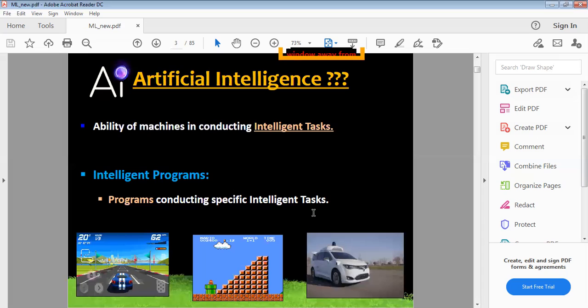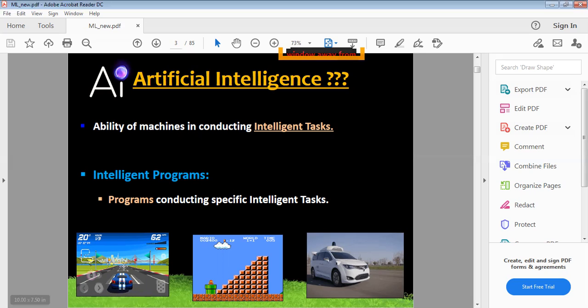It's a machine, and we are making it think. In the Robo movie, a gun will be shooting and a car will be driving fast. All this we are operating, and that particular machine will work according to our thinking. That is why it is called the ability of a machine in conducting intelligent tasks.